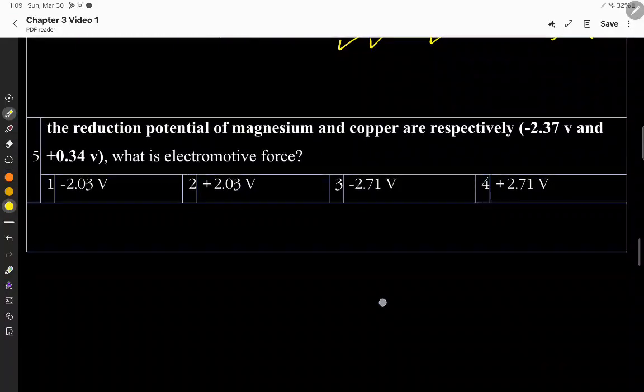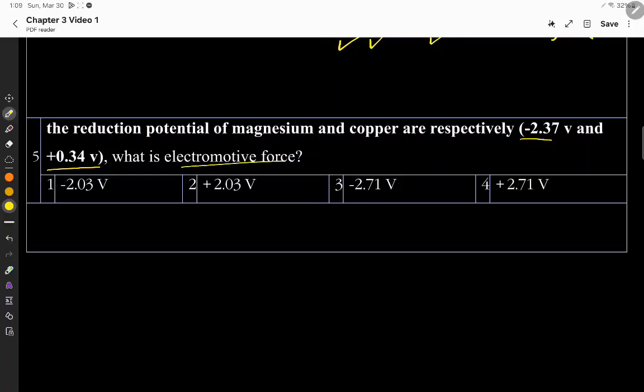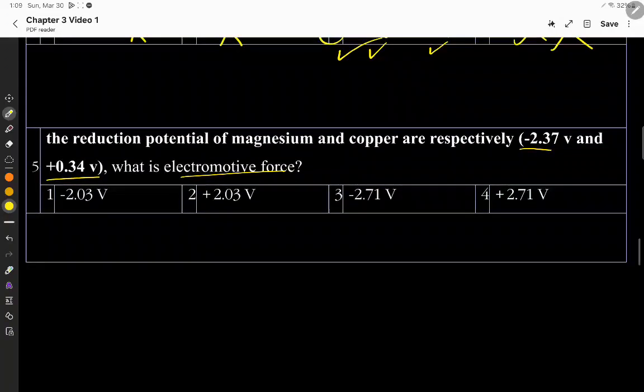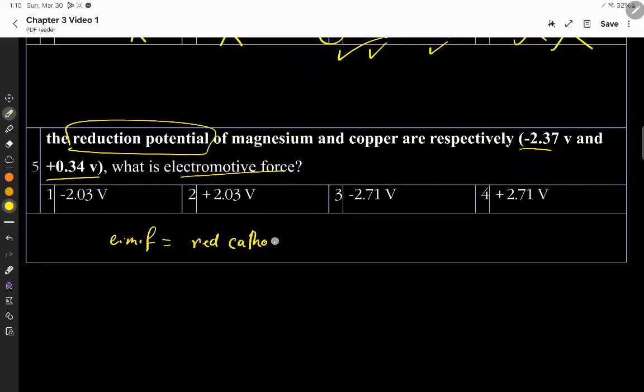Let's see here another idea. The reduction potentials of magnesium and copper are respectively negative 2.37 and positive 0.34. What is the electromotive force? Here we have both reduction potentials. So we are going to say electromotive force equals reduction of cathode minus reduction of anode.